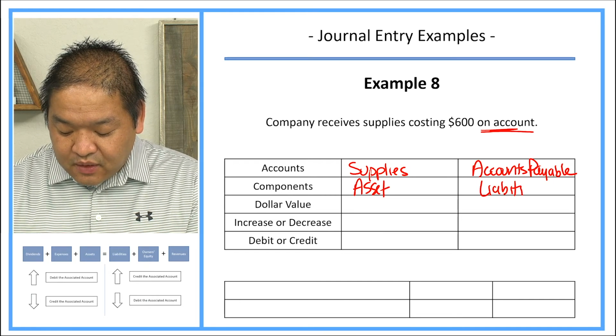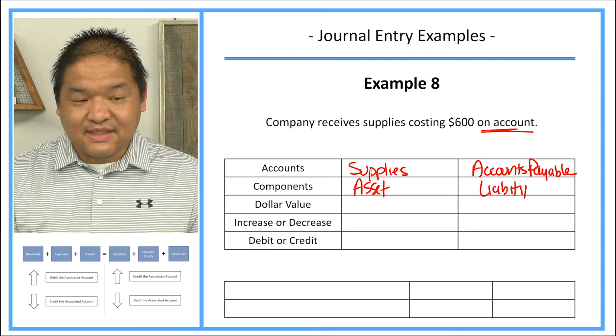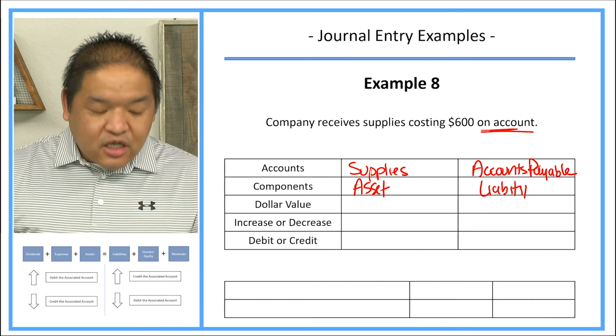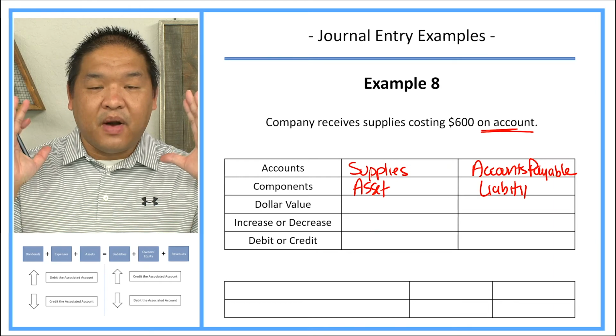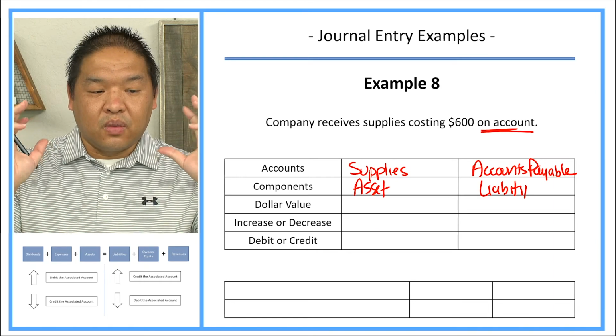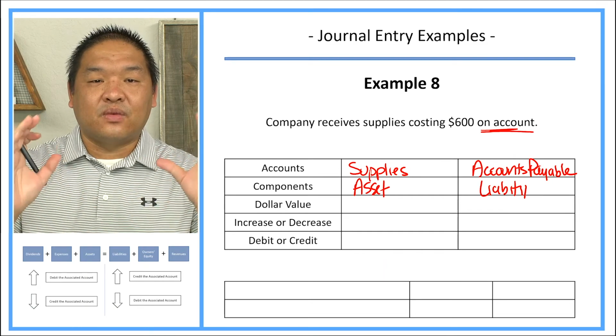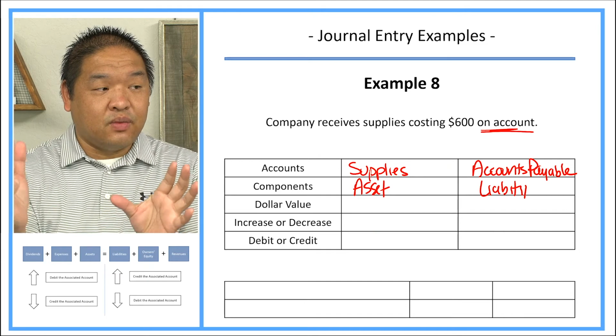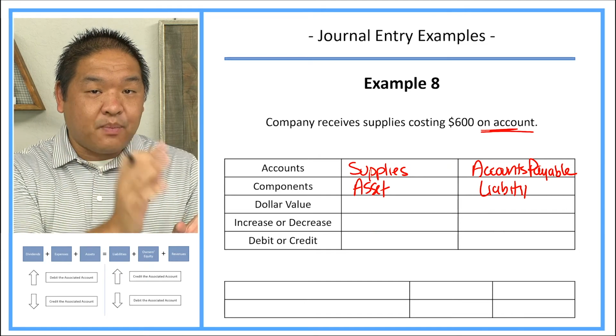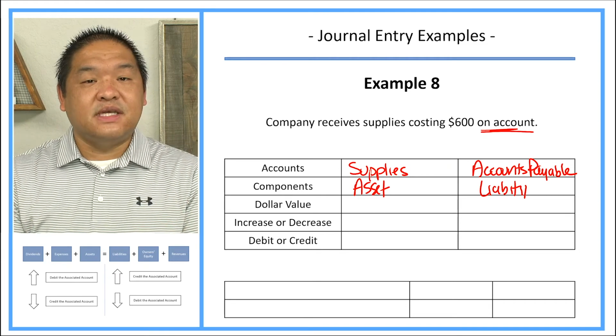Now, some people would say supplies is an expense. It could be, but generally supplies, when I buy like a box of paper that has 10 reams in it, that's technically not used. I haven't used it yet. So that is just supplies. And then when I print on them, that becomes the expense.